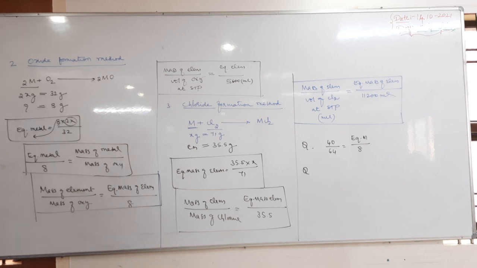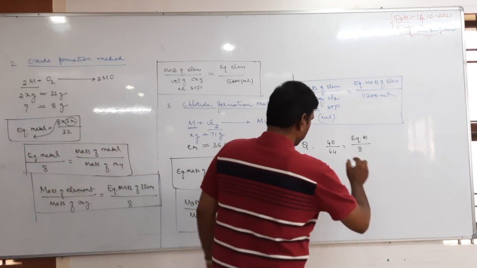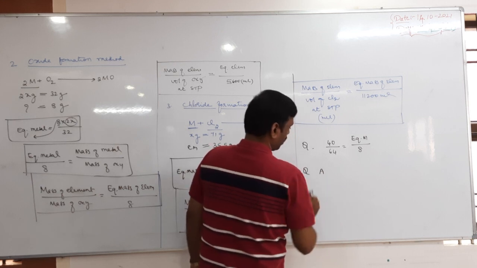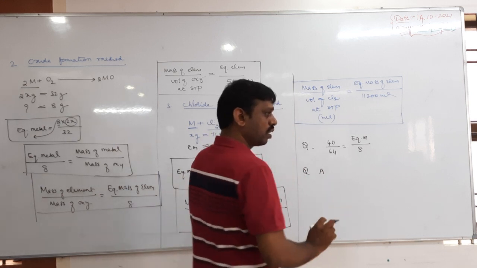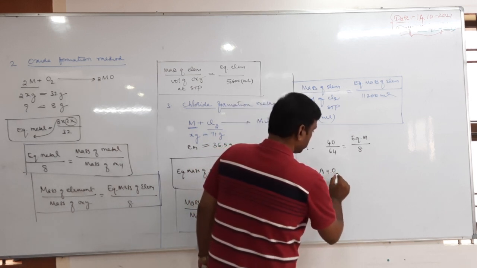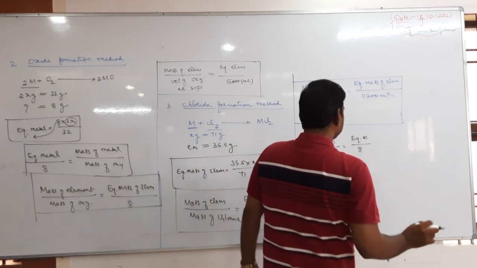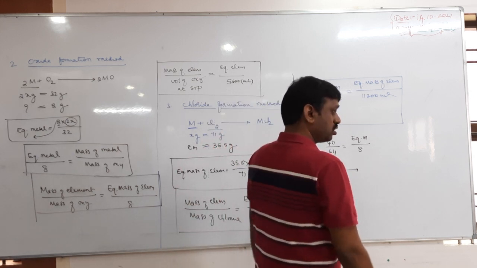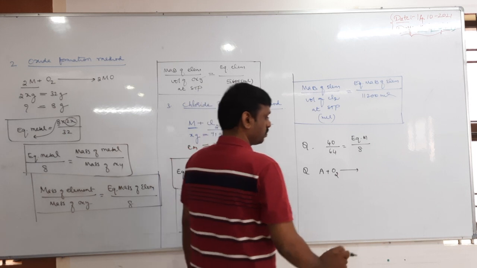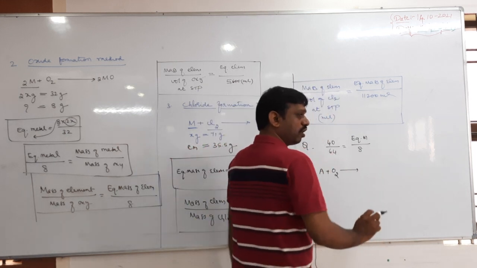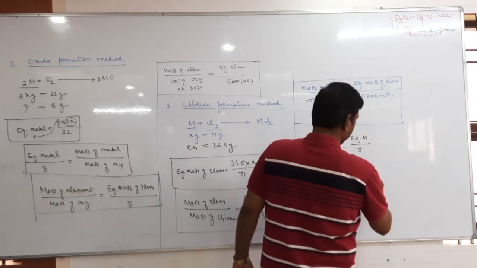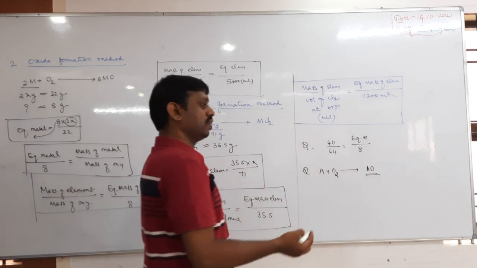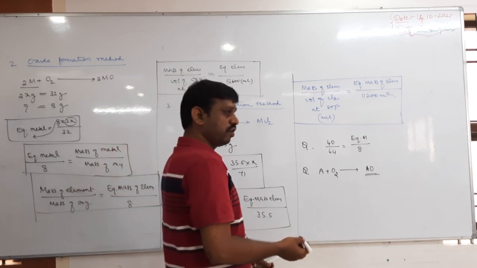Okay, next, one more. A metal A combines with oxygen to form 80 grams of metal oxide.